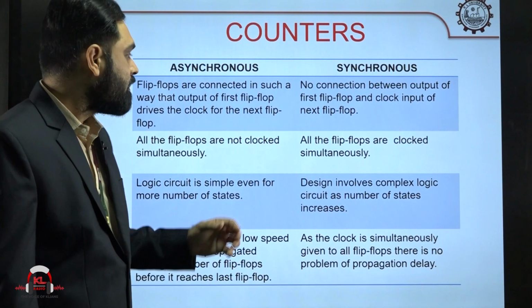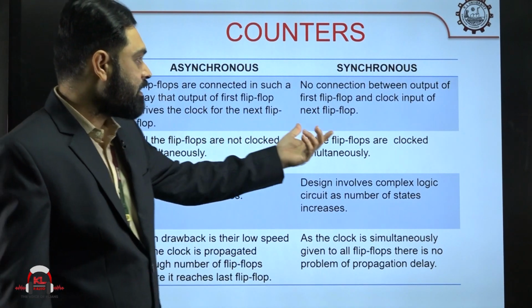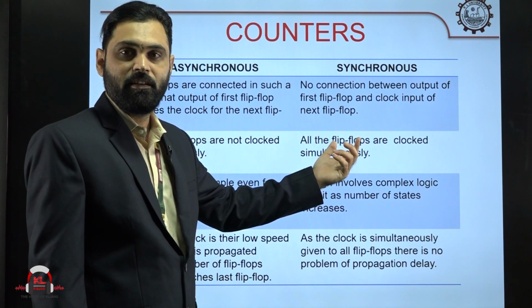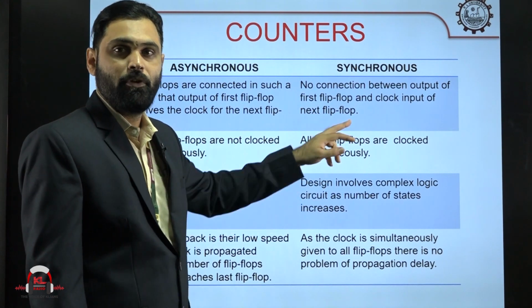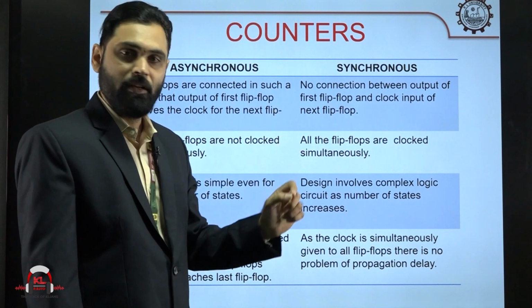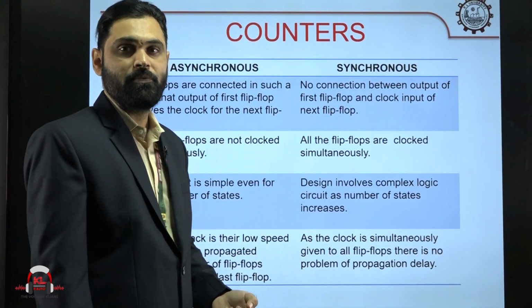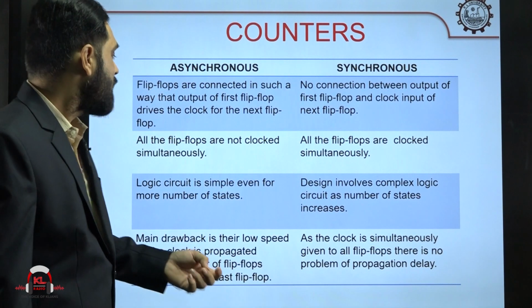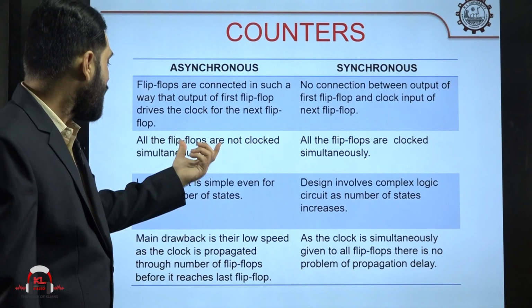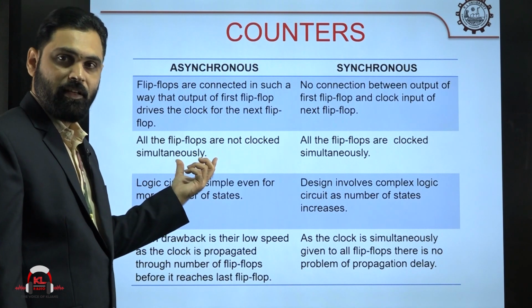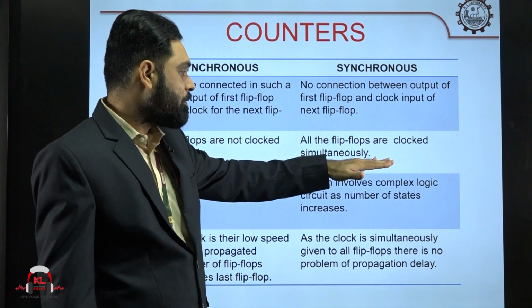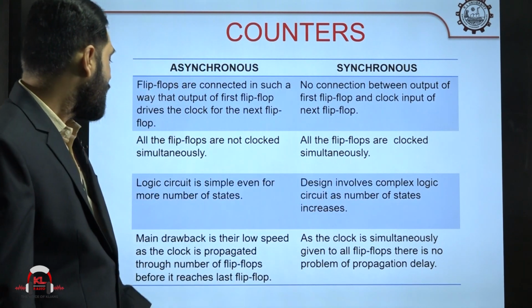So, like that the connection will be there. And in the synchronous counter, all flip flops will be connected to a common clock point. Once you apply the clock pulse, all the flip flops will get the clock pulse; in the asynchronous counter they are not clocked simultaneously, but here all the flip flops will be clocked simultaneously.